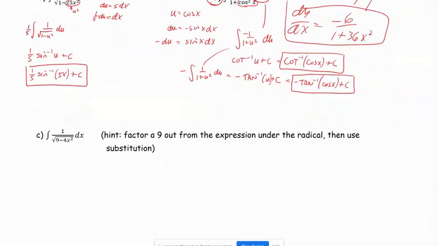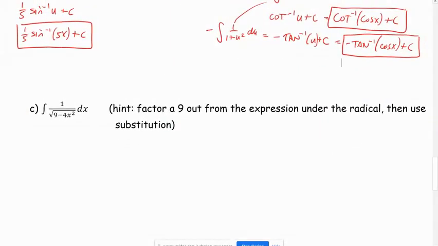Okay, and then the last one, example C. This one is a little bit tougher because of the 9 in front. Remember, to make it look like one of those 6 trig antiderivatives, we want it to look like this, 1 minus u squared. And so to get a 1 here, we have to get rid of that 9. So what we're going to do is factor that 9 out first. So a little bit of algebra. If I factor out a 9 here, then that would be 1.